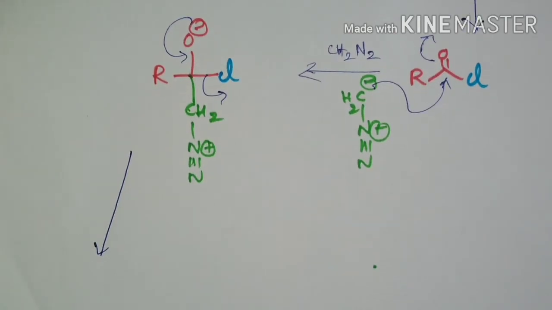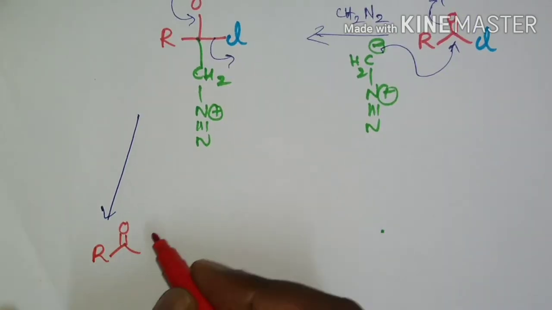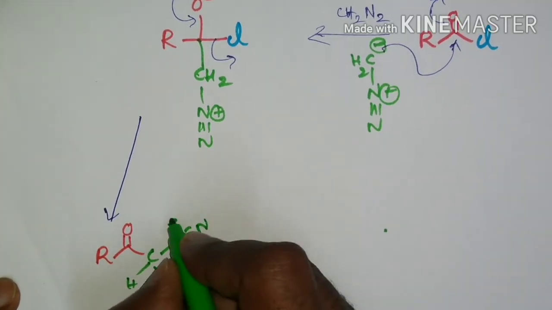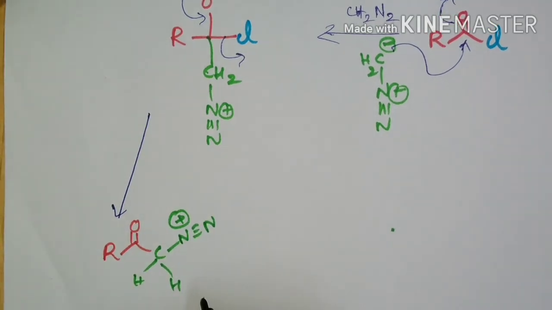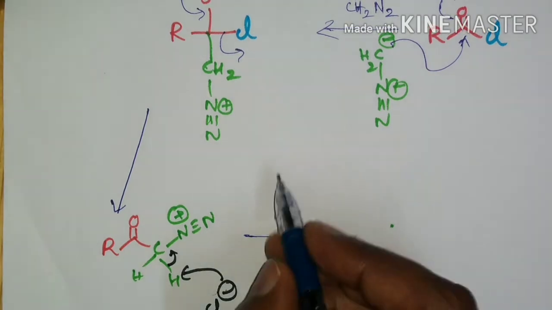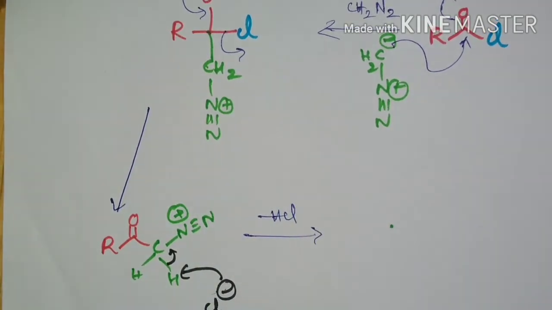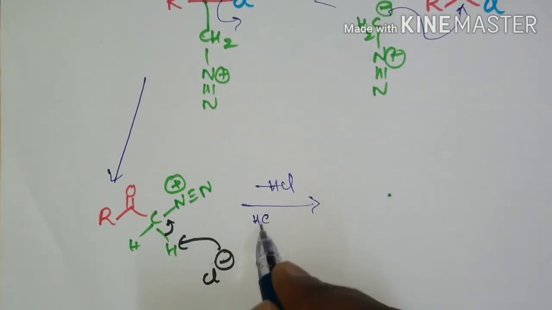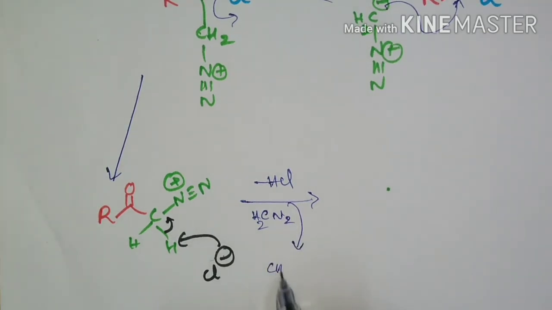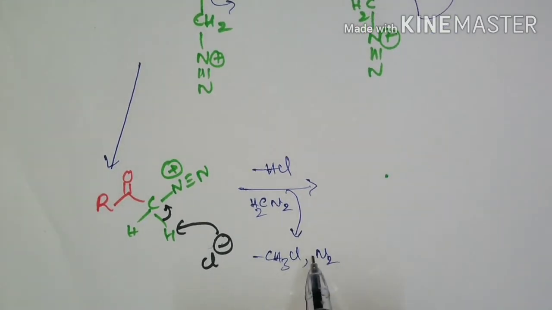Whatever chloride ion is removed in this step, now it is going to abstract this proton and there will be formation of HCl, and this HCl is going to react with one more equivalent of diazomethane and form methyl chloride, with loss of a nitrogen molecule.